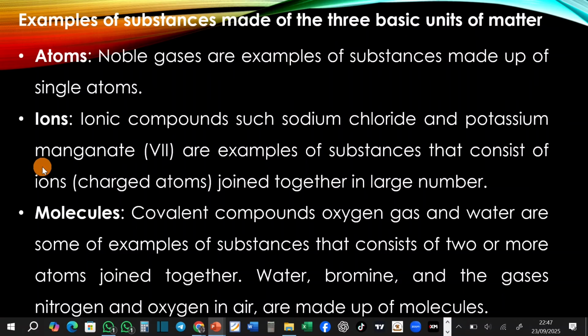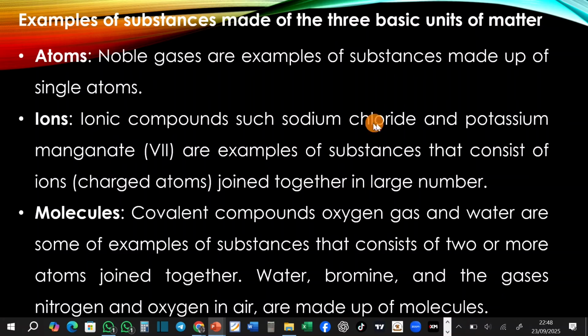Then we go to ions. Which kind of matter in the universe is made up of ions? We are saying ionic compounds such as sodium chloride. So when you go out into the universe, you come across compounds which are ionic compounds.